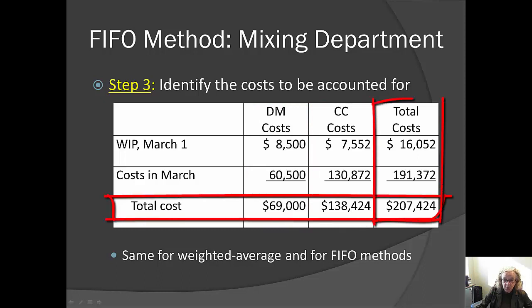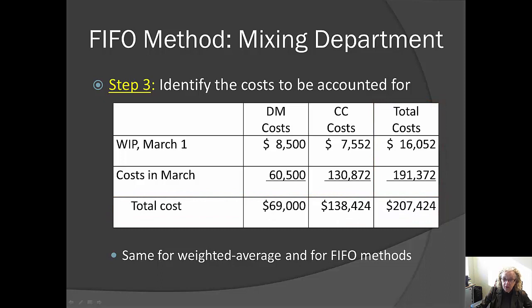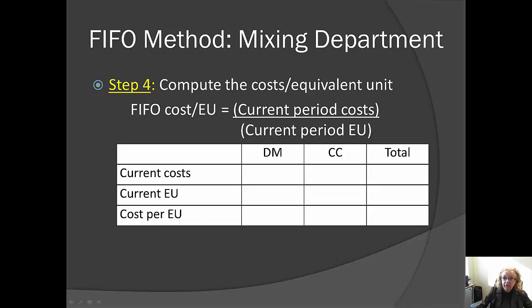We can add both ways to get the total cost that we need to explain, $207,424.